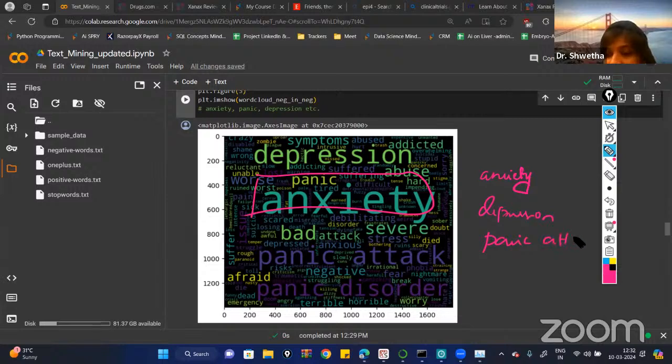All these are the bad reviews of the drug, or these are the side effects people are facing. Now, larger the size, greater the frequency of the word appearing in the text.